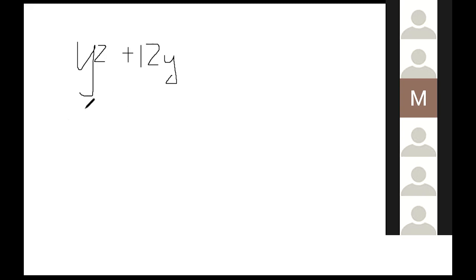Well, we know that half of 12 is 6. So y squared plus 12y, and 6 squared is 36, plus 36 and minus 36.